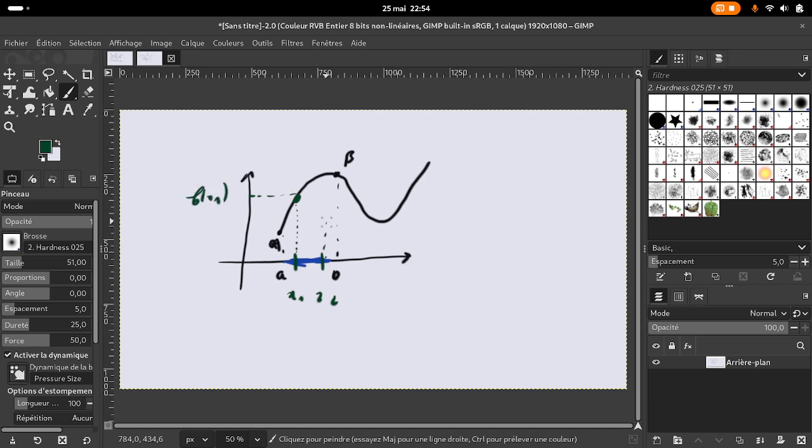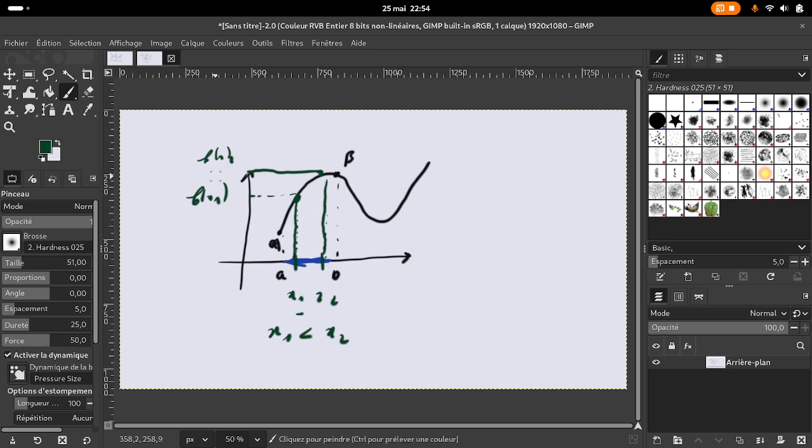so I have f(x1) and I have f(x2). I can see that, first, x2 is strictly over x1.